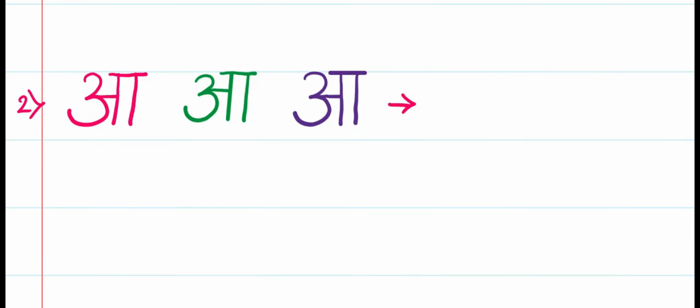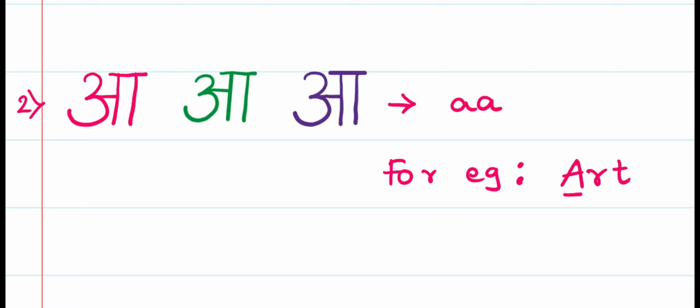I hope you have written it down in the book as shown on the screen. Let's learn how to pronounce this letter. For example, art, art, art. This letter is pronounced as aa.